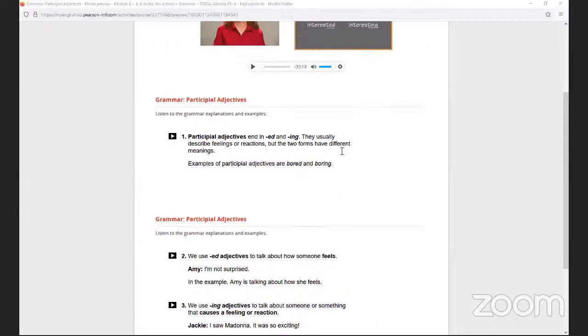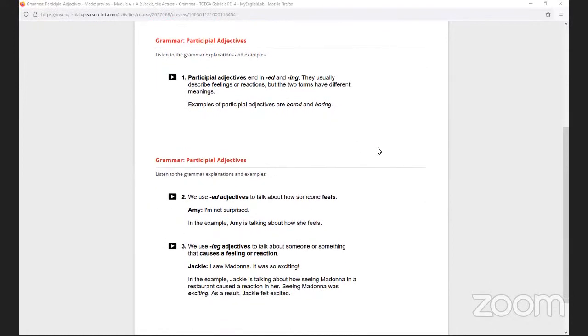Okay, here. Participle adjectives. When we have this participle, we have ed and ing endings in the adjectives. We're gonna use both when we describe people, right? But what kind of description?